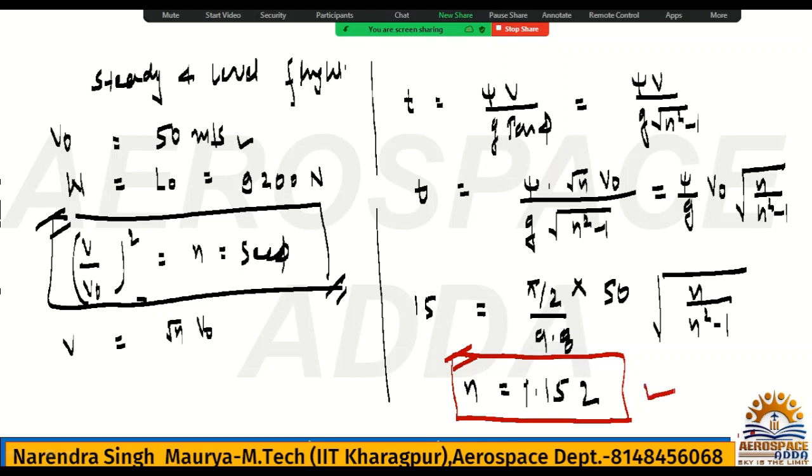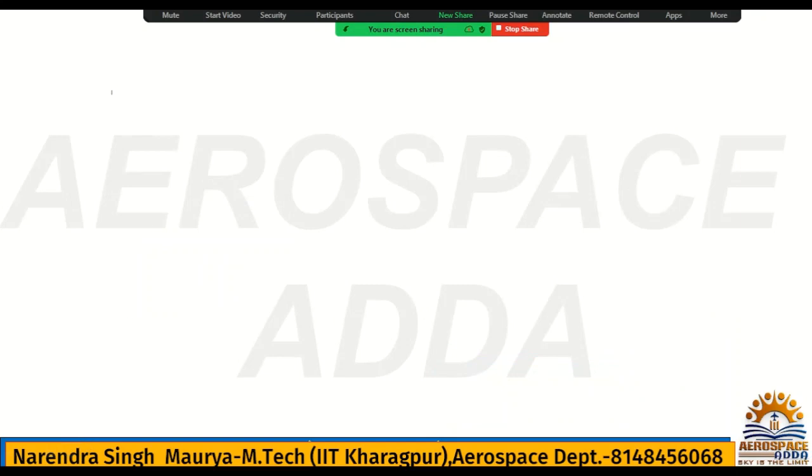Hope you understood. For the turning flight, load factor must be greater than 1. If you know the load factor for the turning flight, then you can write the relation. What relation do you have? That is a very beautiful relation.